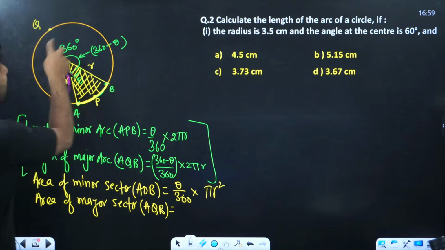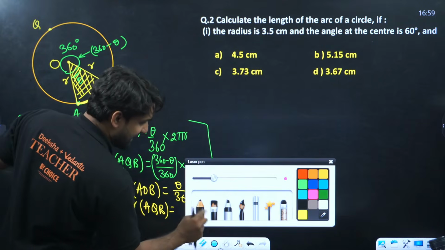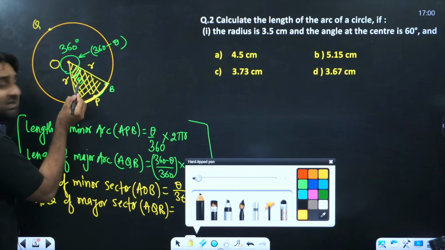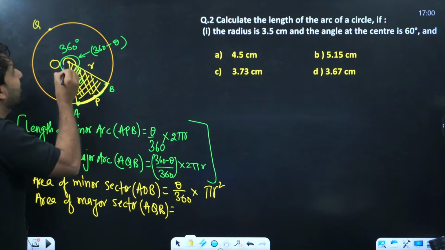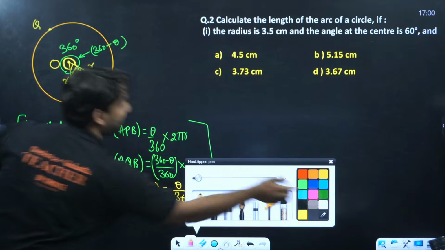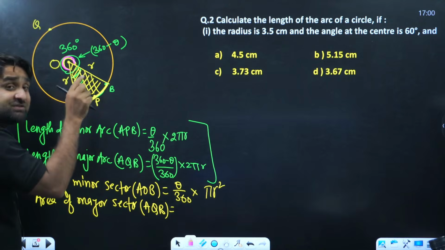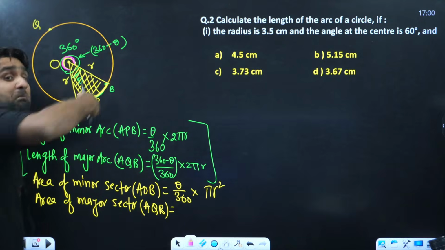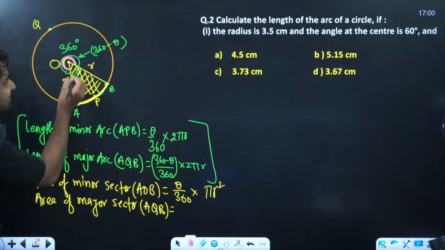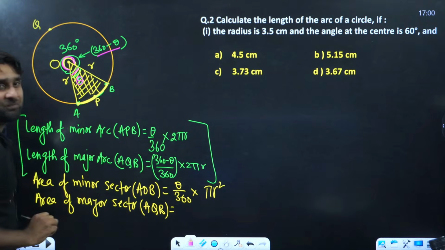And what will be the angle in the major sector? Listen everyone. If the minor sector is making angle theta, then at this point the angle will be 360 minus theta. This pink angle is 360 minus theta, because the complete angle is 360, and this angle we already have as theta, so it has to be 360 minus theta, right?